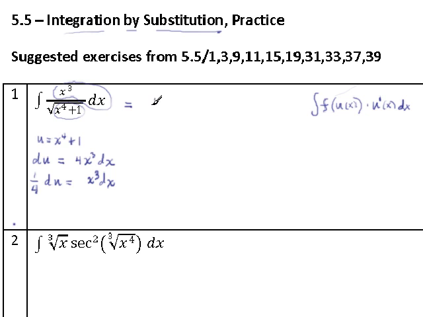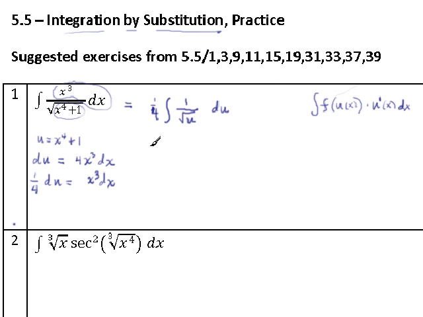So we'll immediately replace that with 1/4 du. We can bring the 1/4 out to the outside. Okay, so we replace this, so we're left with 1 over square root, and what's inside there is u, 1 over square root u. So this is our new integral.